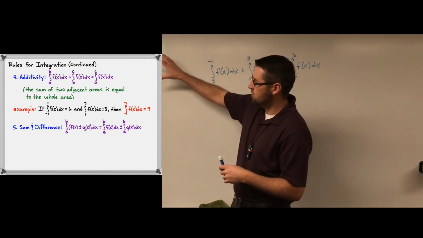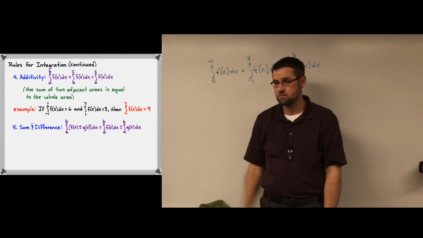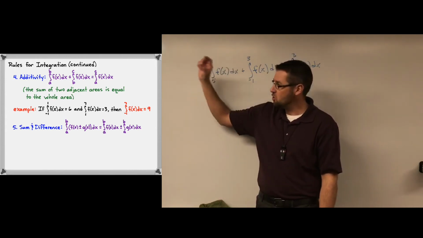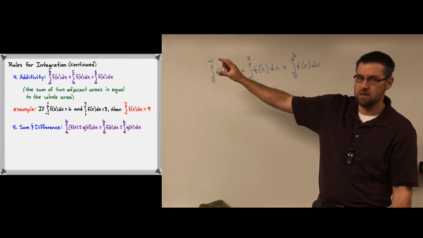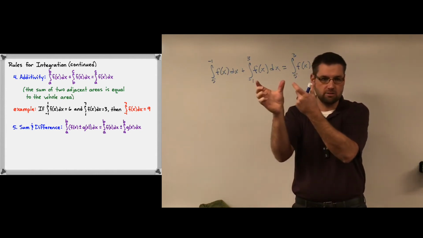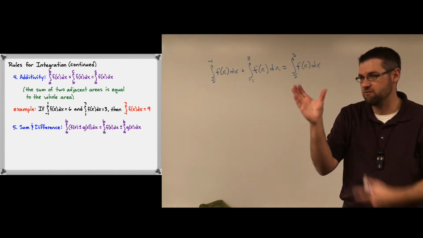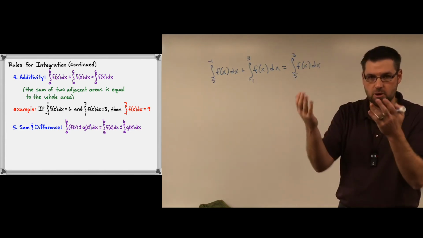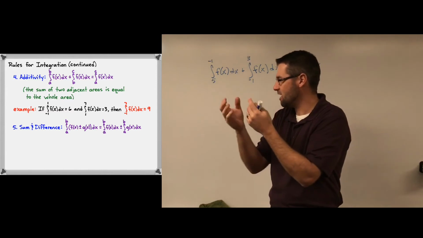Like in the additive one we were looking at, we're looking at one integrand, one function, and we are breaking it into pieces of areas. Okay? But in this one, we're looking at two separate functions that compose the integrand. Yeah, okay.